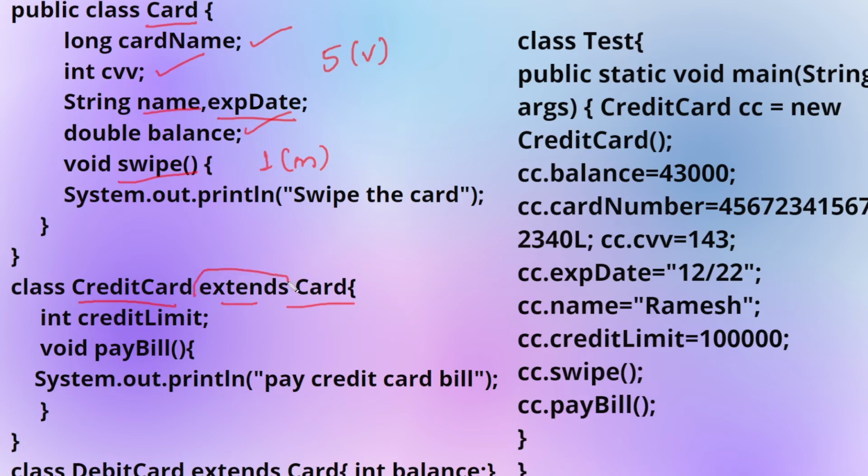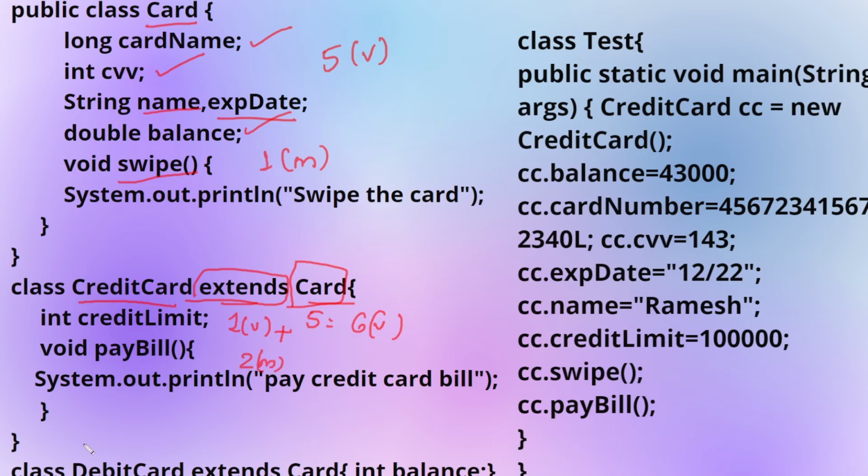When you see the extends keyword and the superclass, we have to understand that we add the variables and the method of the supermost class or the parent class. So you have int creditLimit and void payBill. Now int creditLimit is also one variable, plus I have the 5 variables of the card. So in total you have 6 variables here and 2 methods.